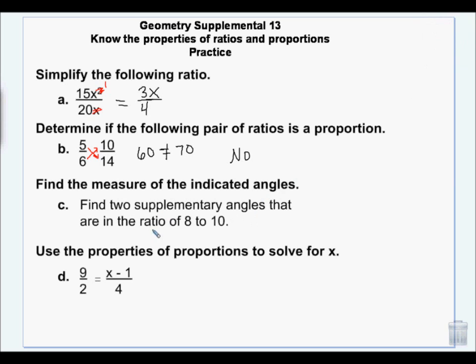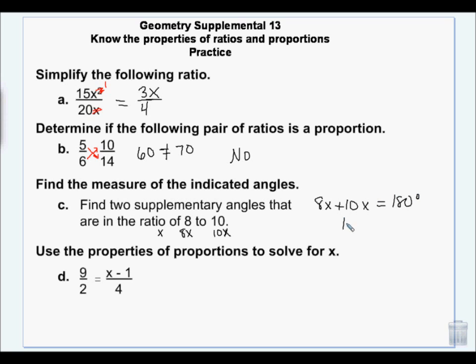Two supplementary angles that are in a ratio of 8 to 10. If I just call something x, right? This would be 8x and this would be 10x. And supplementary angles add up to 180.